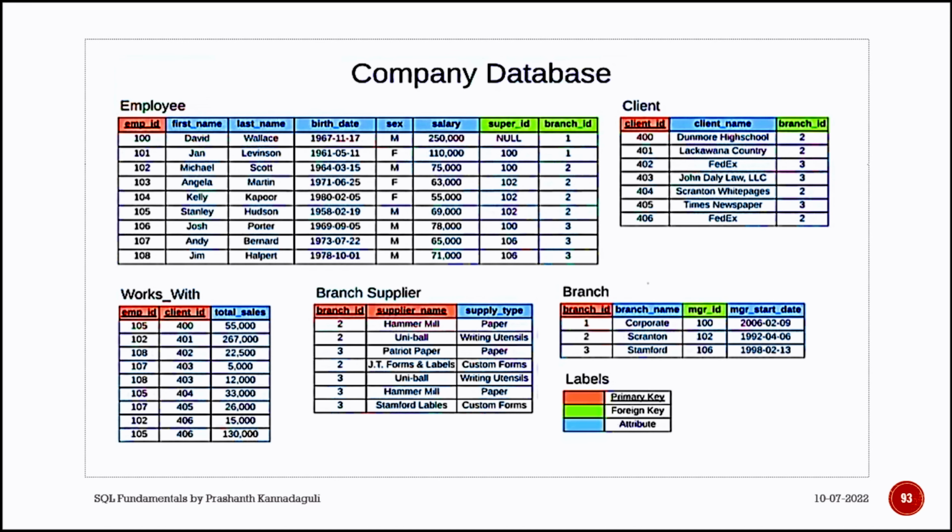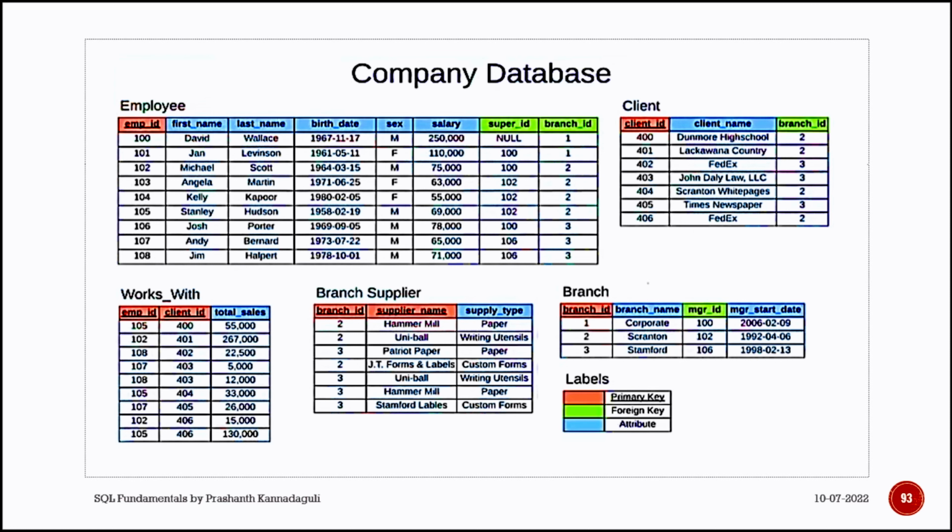Those two are used to connect this table to other tables. Then the client: there is a client ID given, the name of the client is also given, and the branch the client belongs to is also given over there.